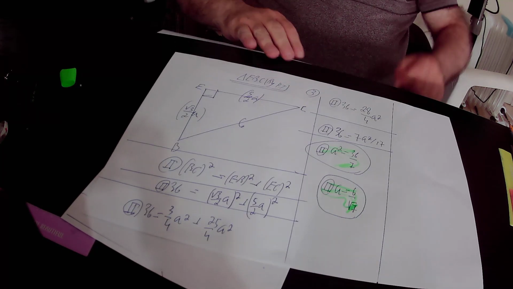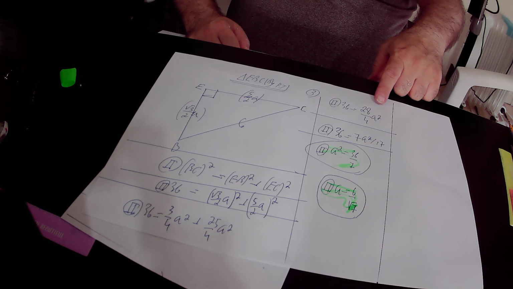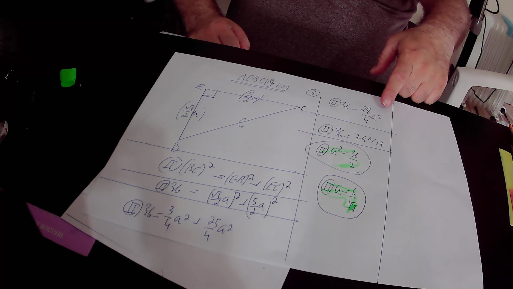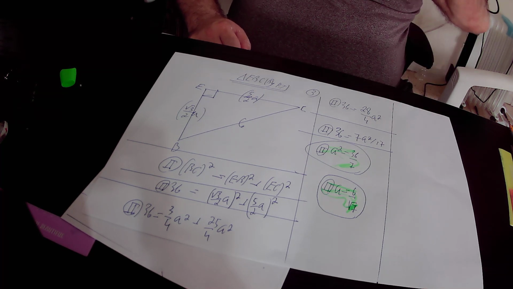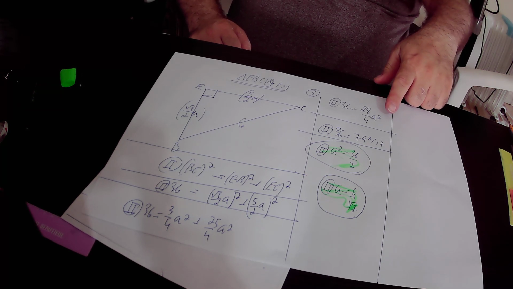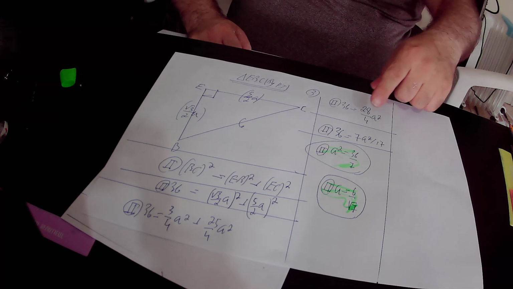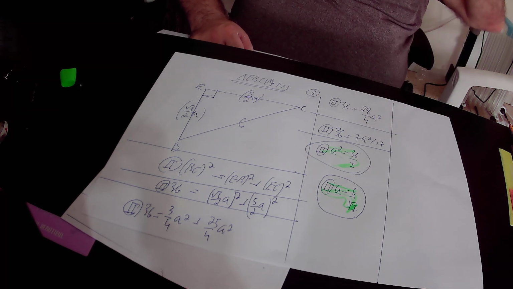So in conclusion, we found out that 36 equals 28 quarters times A square. 28 over 4 is 7, so 36 equals 7A square. We divided equation number 2 by 7, and we found out that A square equals 36 over 7. We took the root of this equation and found out that A equals 6 over square root of 7 units.